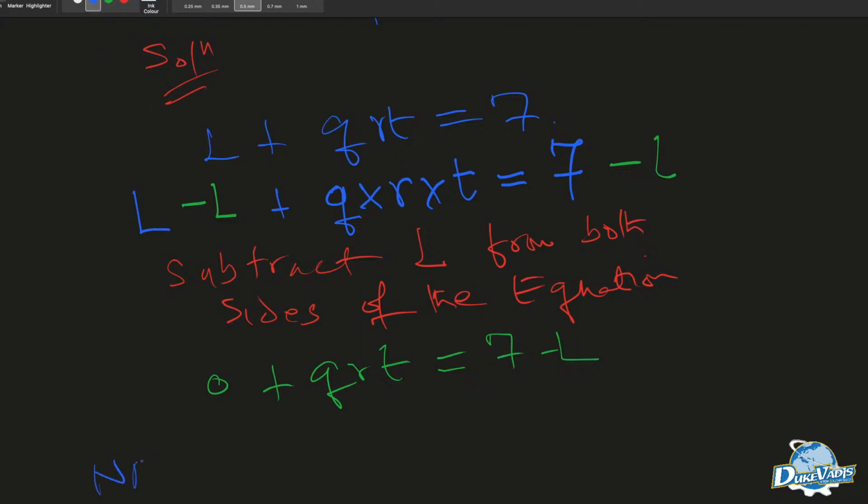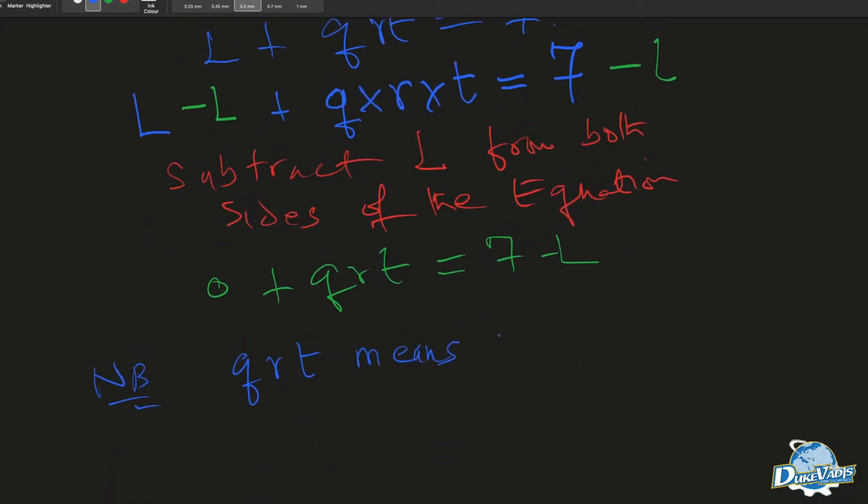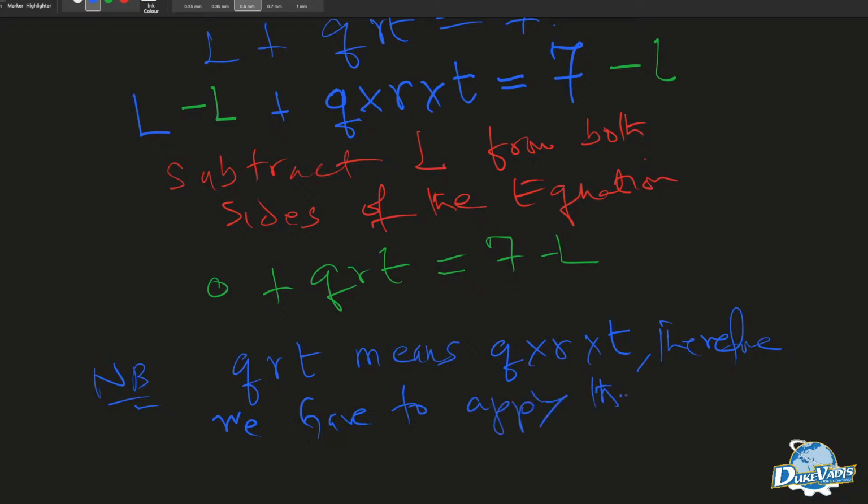Note that QRT means Q is multiplying R and is multiplying T. Therefore, we have to apply the inverse of multiplication.